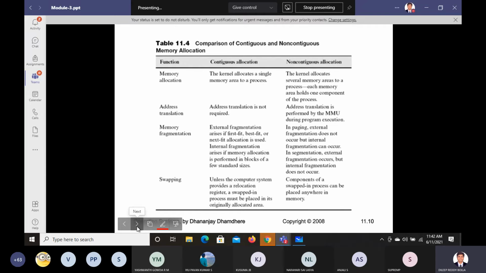How the address translation will be done, how memory fragmentation is handled and how swapping is done are all given here. Please go through that. Any doubts in this? Please let me know, about the difference between these two.